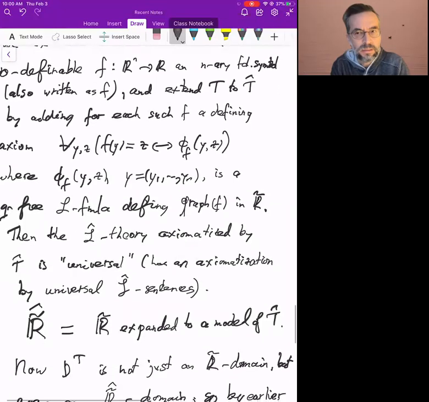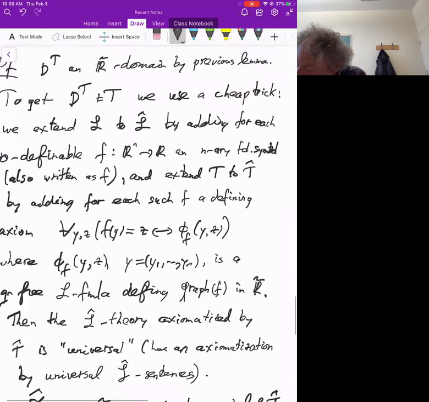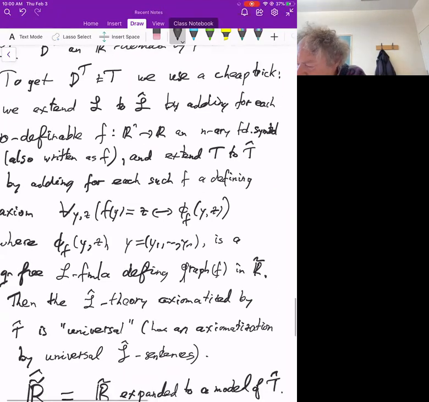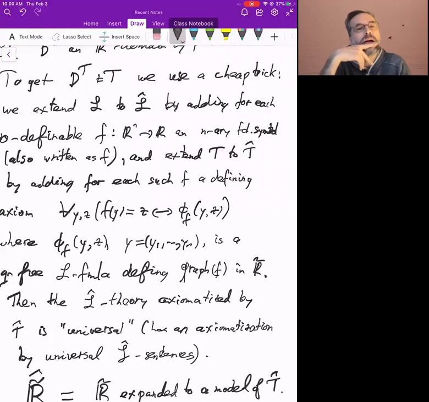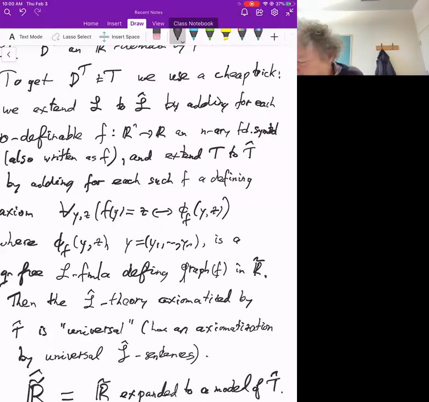You're right. I'm not assuming that T is universal, but I'm adding all these defining axioms which are universal, and they are already strong enough, perhaps with a few others, to axiomatize also T. If you think about it, these defining axioms are strong enough to also take care of all the function symbols that were already there.